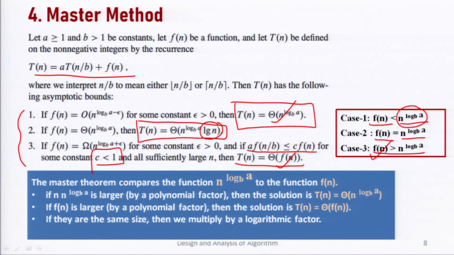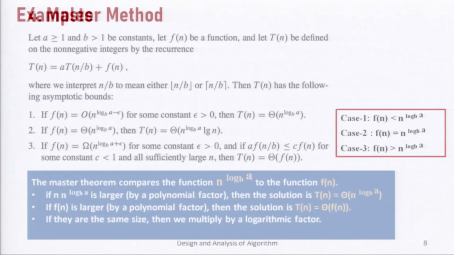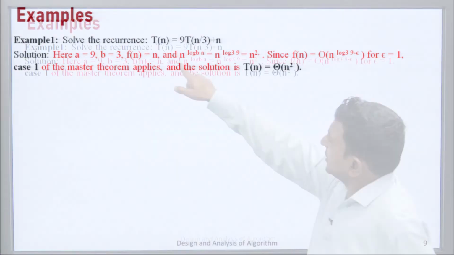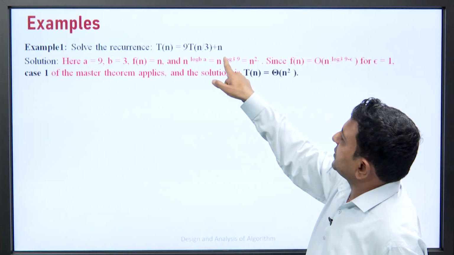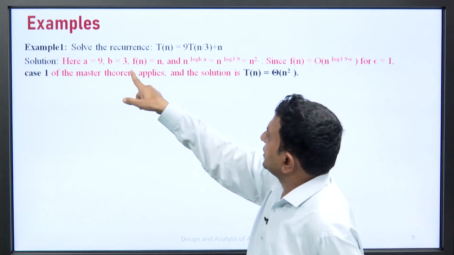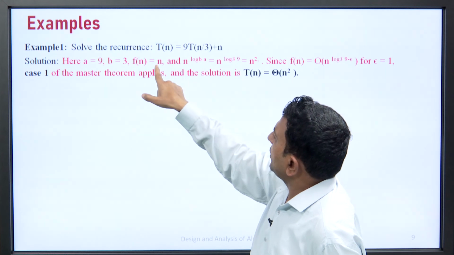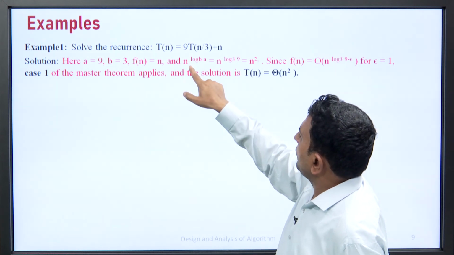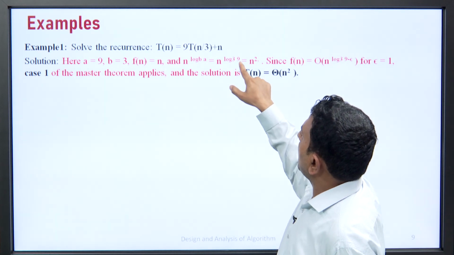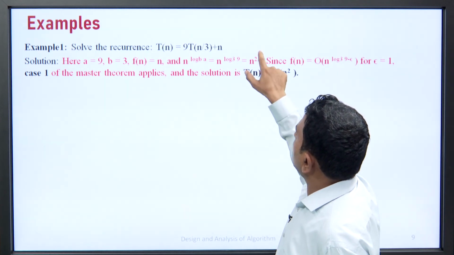This can be understood better by using an example. T of n is equal to a T of n by b plus f of n, so we can apply the master method here. A is 9, B is 3 and f of n is n. If we compute n to the power log a base b, that is n to the power log 9 base 3, it comes to n square.